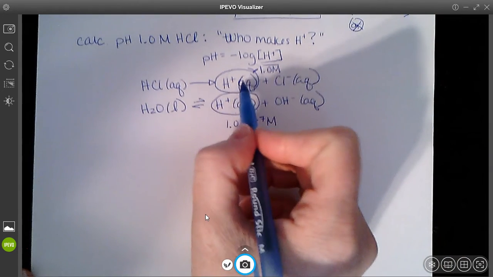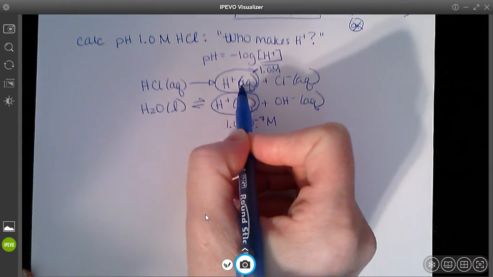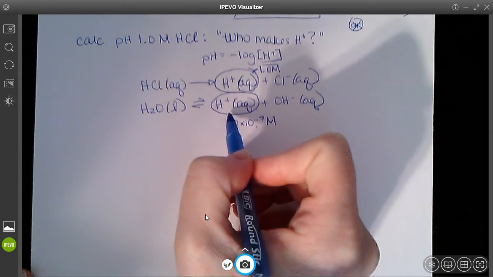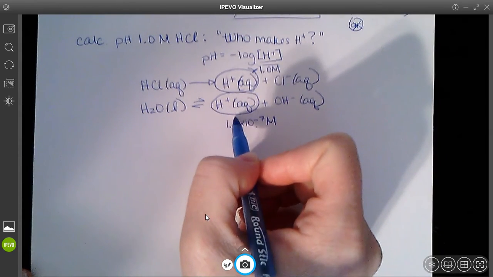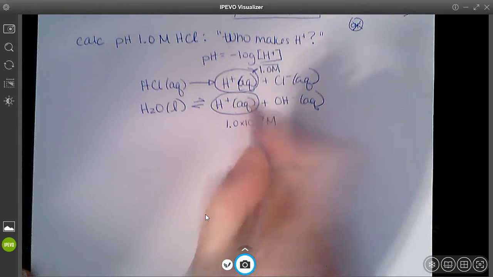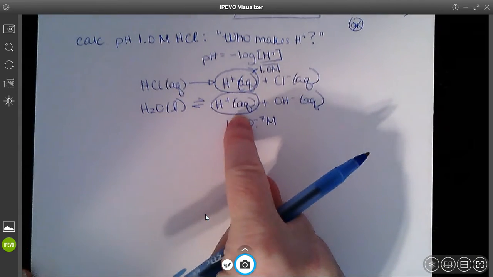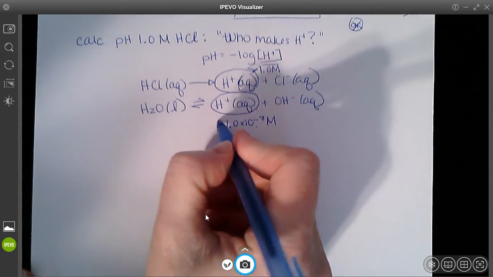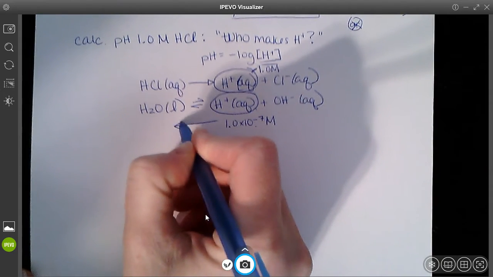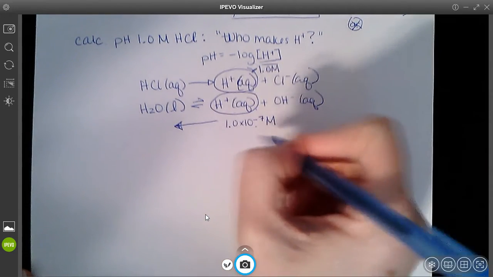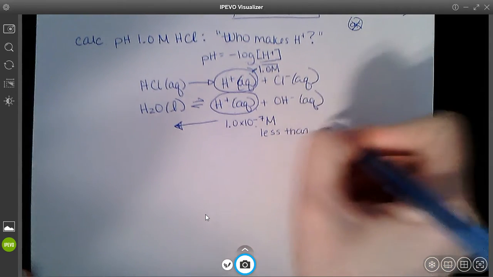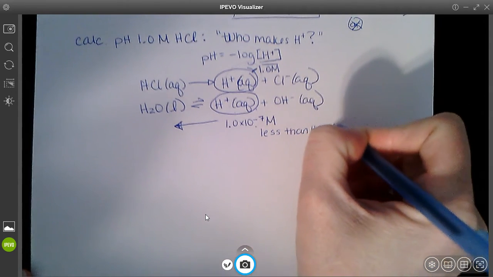In fact, because there's so much H plus from the HCl compared to the water, when water dissociates, it's actually going to act with Le Chatelier's principle, because we're adding a little bit more H plus. Most of the H plus is coming from here. So as soon as you add more, this is actually going to drive this bottom reaction to the left, because this is so much less than the HCl molarity.